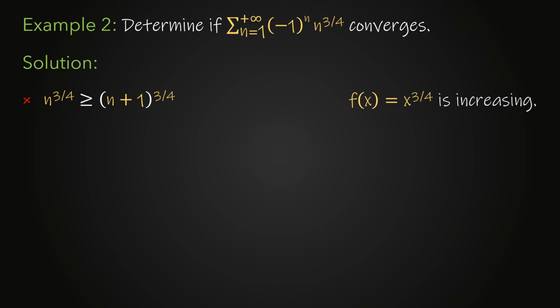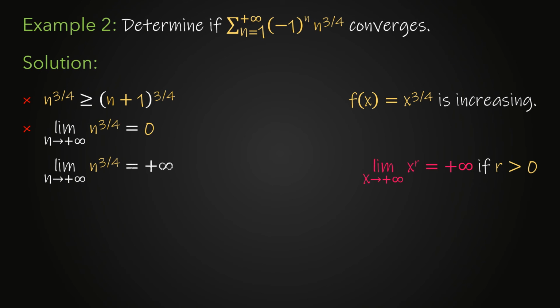Recall the following limit at infinity expression, which means the sequence n raised to 3 over 4 does not converge to 0, rather it diverges to positive infinity. Because at least one of the conditions is not satisfied, the alternating series is divergent.